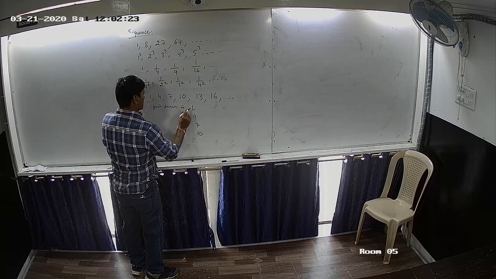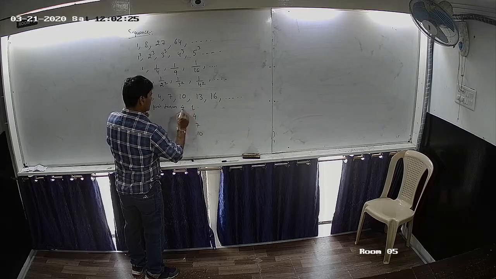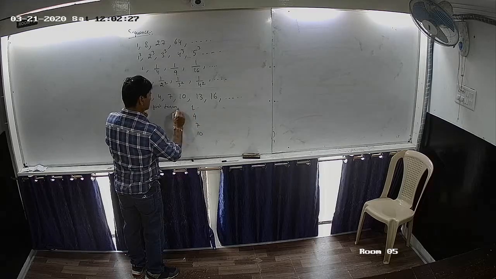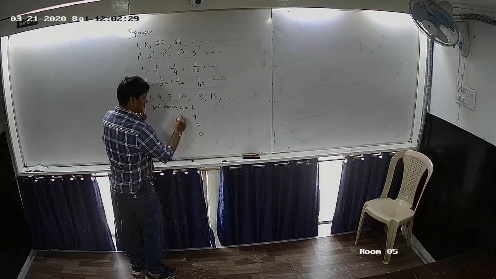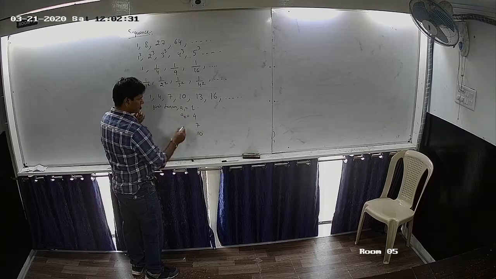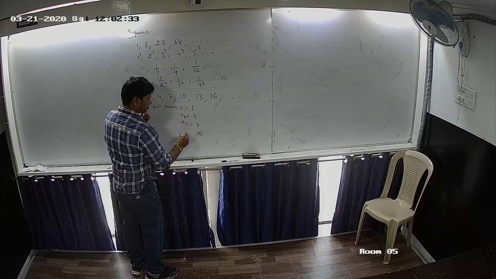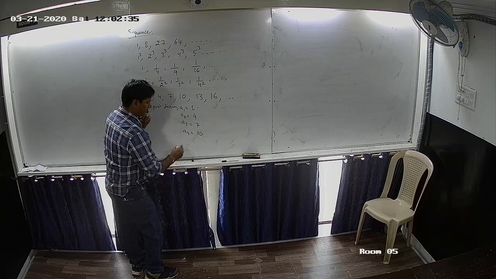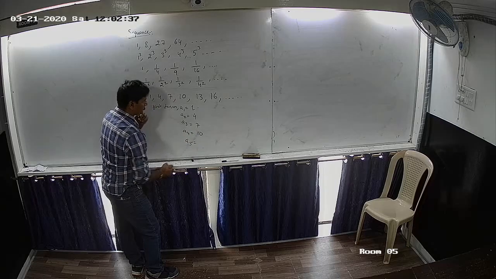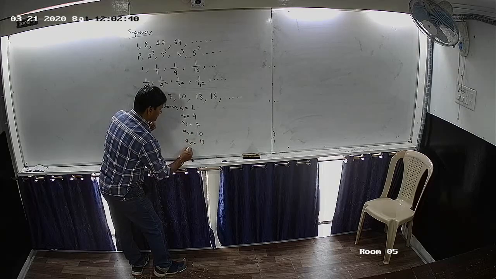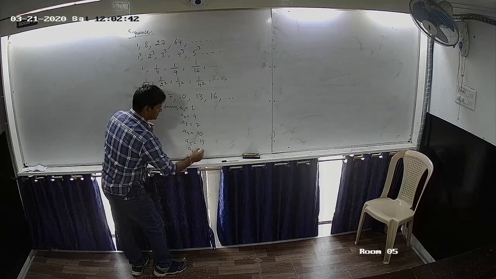Let us name it as A1, this is A2, A3, A4, A5, the fifth term 13, A6, the sixth term 16.